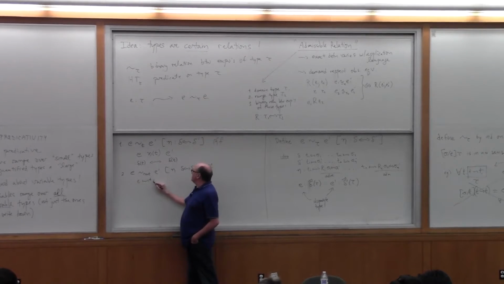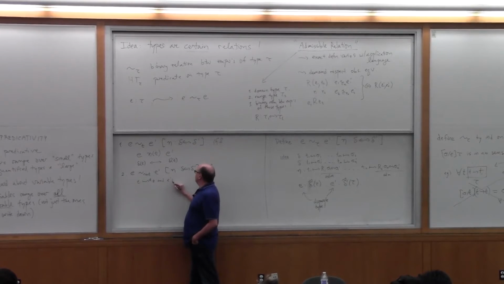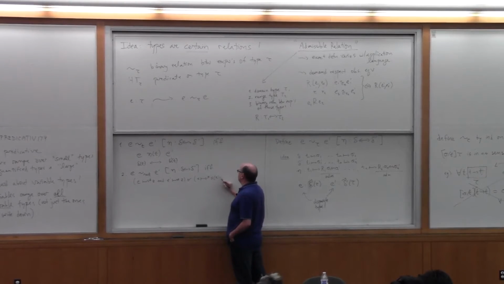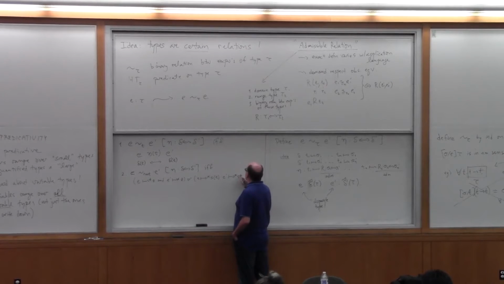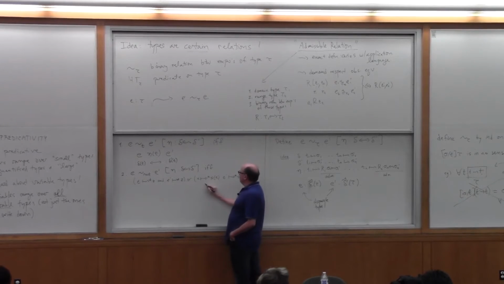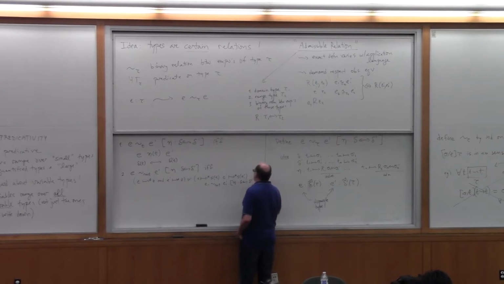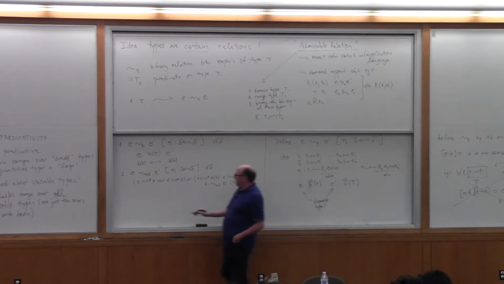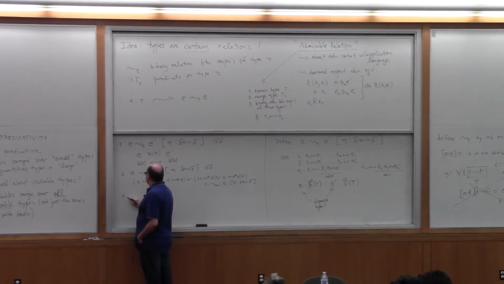E evaluates to Z and E prime evaluates to Z, or E evaluates to the successor of E1, E prime evaluates to the successor of E1 prime, and they're related at NAT, E1 with E1 prime. Writing like that, I'm just repeating the definition we gave before, and in fact, I'm going to repeat it also for function types.